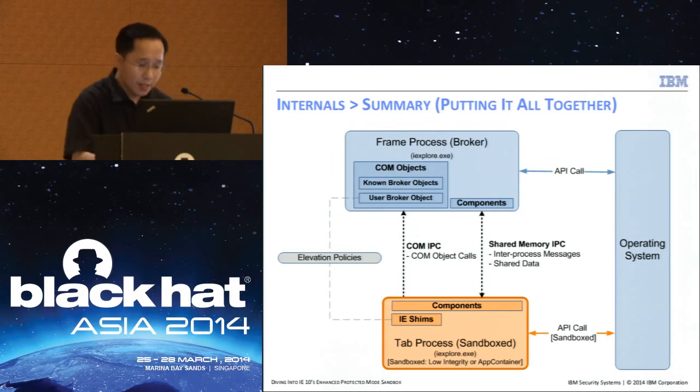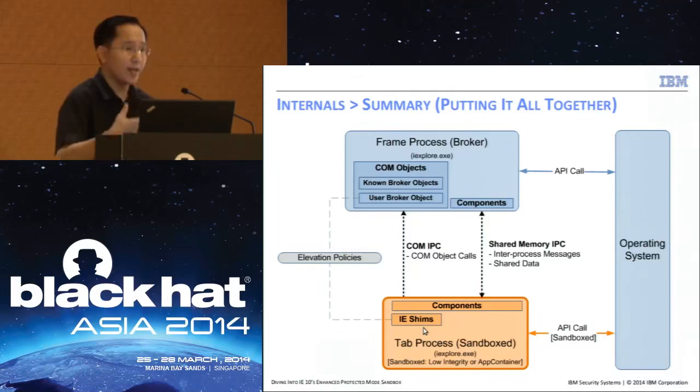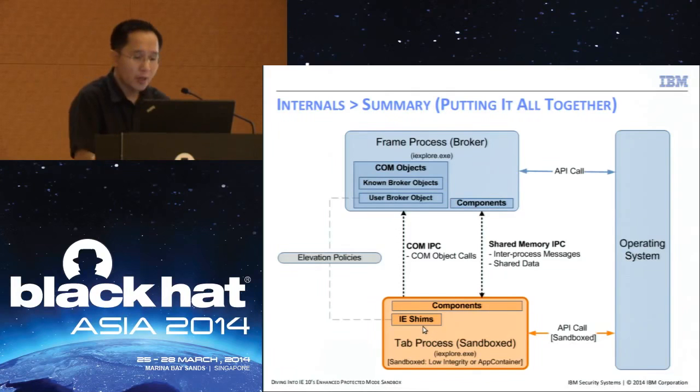To summarize, the broker process runs in medium integrity, while the Sandbox process runs at low integrity or inside an app container if EPM is enabled. Through API hooking, the IE-shims mechanism provides a compatibility layer for browser extensions to run in a low privilege environment. Also, IE-shims consult the elevation policies to determine whether to forward the launch type APIs to the broker.